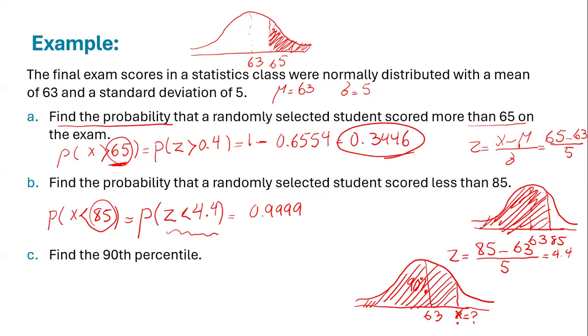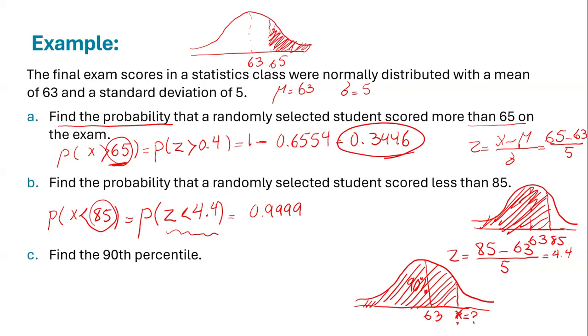So what do we do now? We are still using the z table, but this time, instead of looking for the z value to find the probability, we look at the body of the table to find the area and then see what z value corresponds to that.